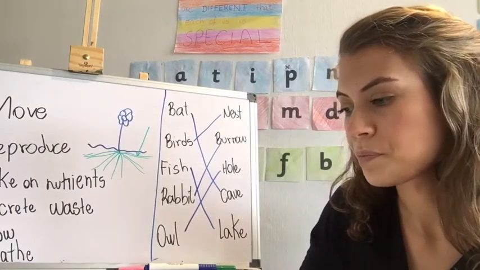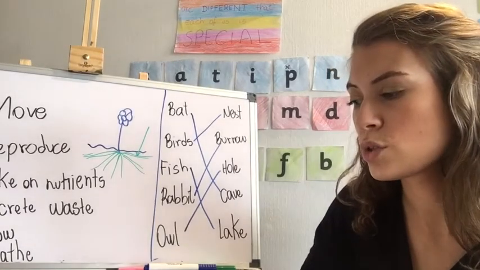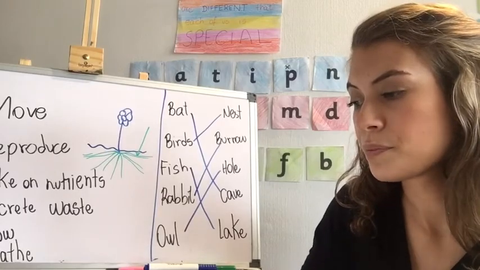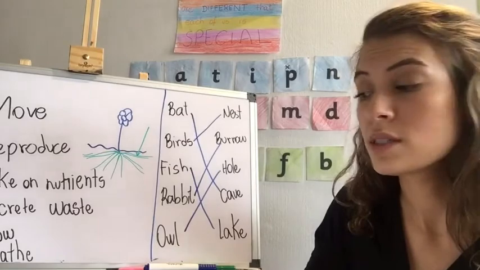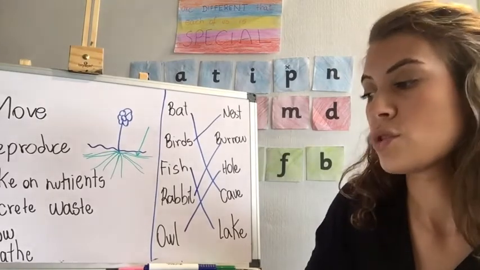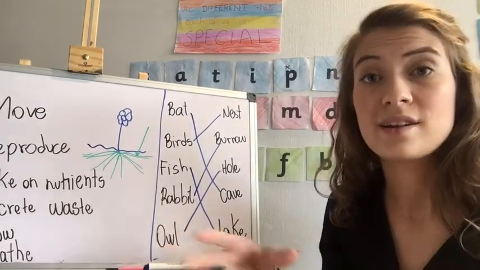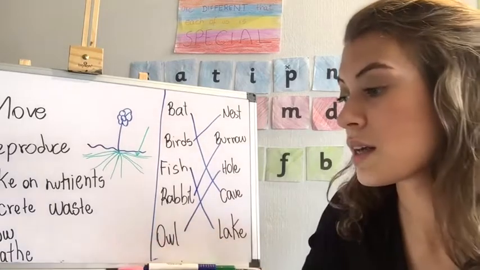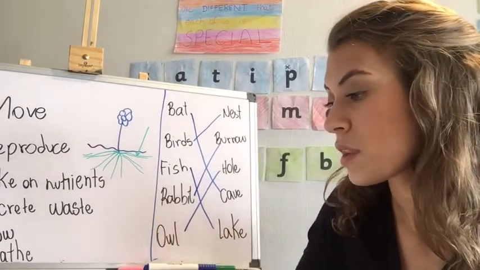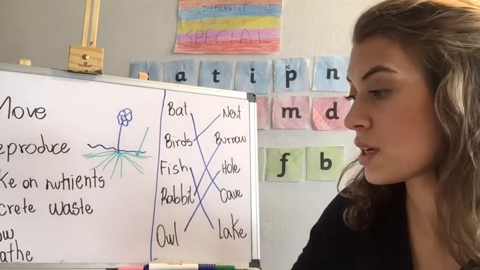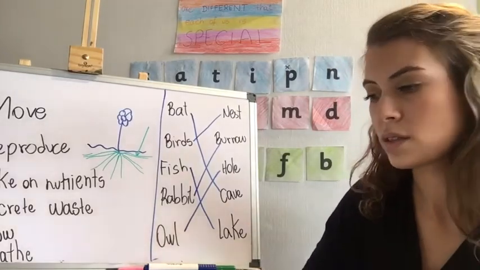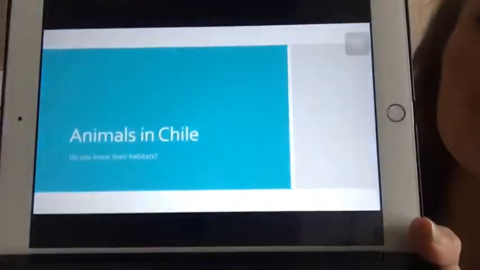Is that okay? So as I told you, now we are learning about environment, and it's important to get to know the animals that share the space with us. We will explore some of these animals here with this presentation.